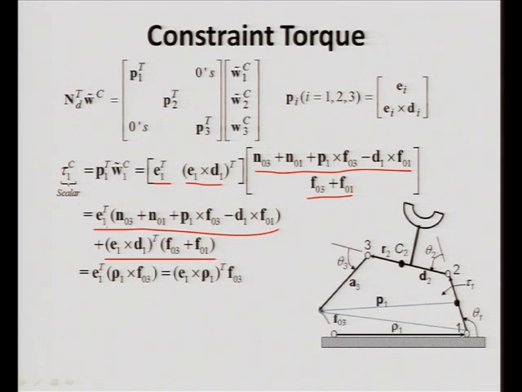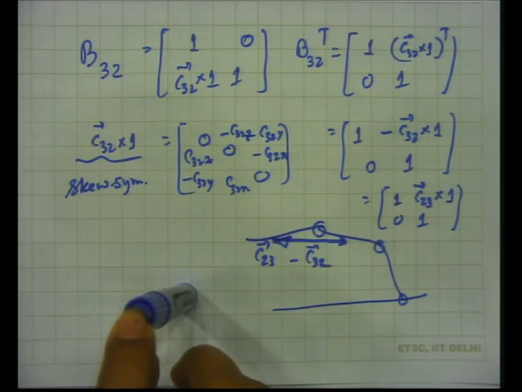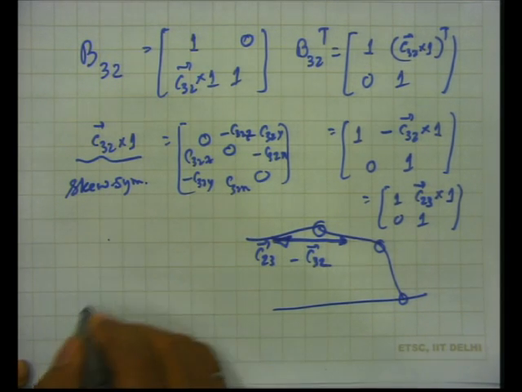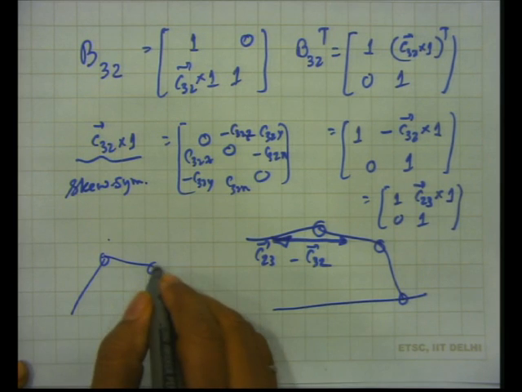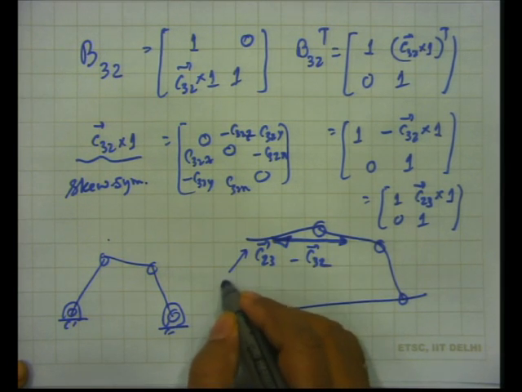Now, the interesting thing to note here is E 1 transpose n 03 will be 0 because E 1 transpose is a vector quantity which is perpendicular to the plane of motion. Okay. Now, n 03, the way I have defined n 03, for the 4 bar linkage, here at this junction I had n 03.